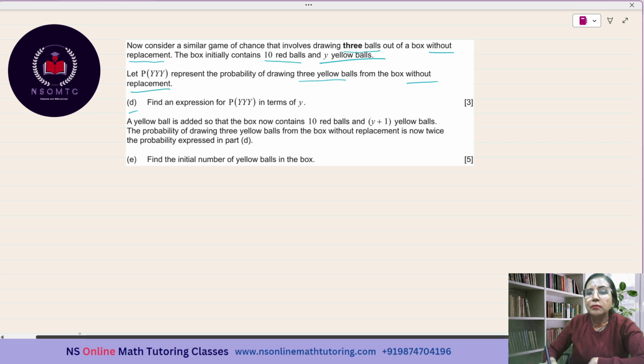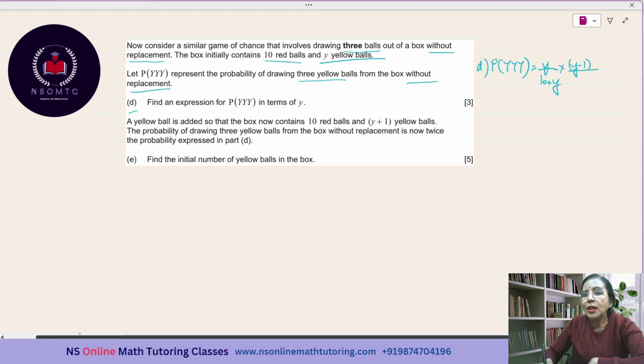So, the subpart D's answer is P of y is equal to, favorable outcomes is y for the first ball, and total number of outcomes is 10 plus y without replacement. And for the picking of the second yellow ball, there are y minus 1 yellow balls remaining, so y minus 1.